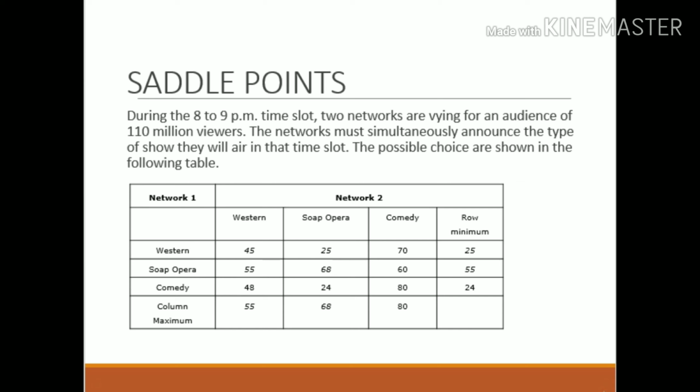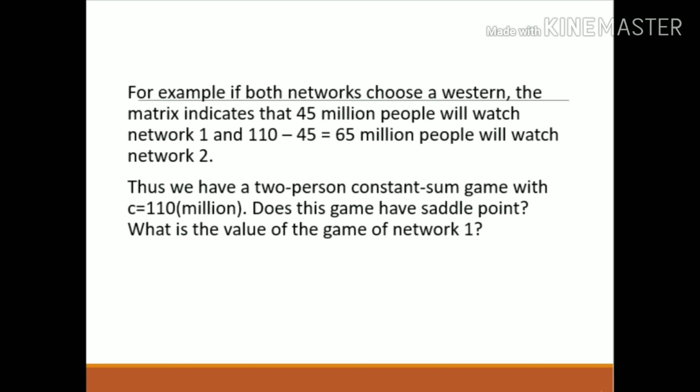So there are two networks, network 1 and network 2. For example, if both networks choose a western, the matrix indicates that 45 million people will watch network 1 and the remaining of 110 million, which is 65 million people, will watch network 2.